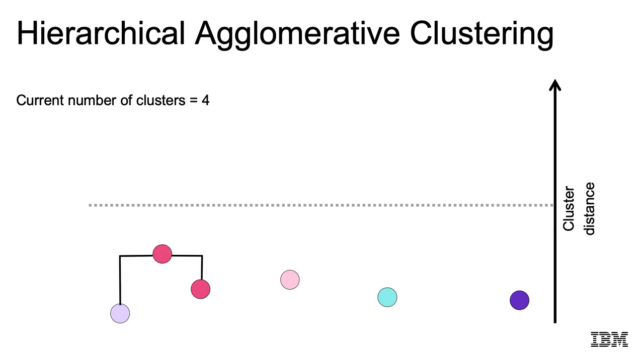For that new combined cluster, we now have an average cluster distance that is higher than the previous 2. So before we had the light purple and the magenta, we merged those into that higher version of magenta, and we see that we have a higher average cluster distance. Now we only have 4 remaining clusters, and as a whole they're a bit closer to that limit set, to that gray line.